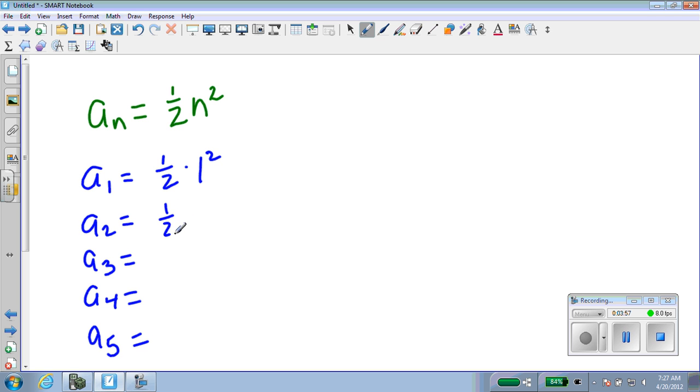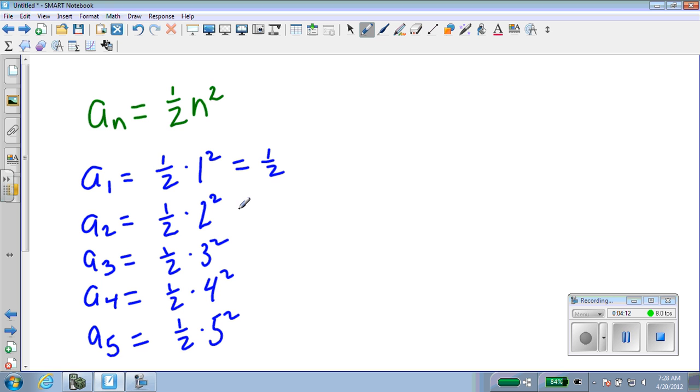And A sub 2 would be 1/2 times 2 squared. 1/2 times 3 squared. 1/2 times 4 squared. 1/2 times 5 squared. So this would be 1/2, 2, 4 1/2, or 9 halves, 8, 12 1/2, or 25 halves.